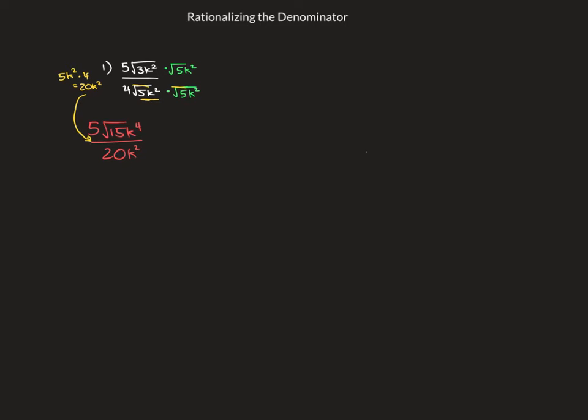Now, let's simplify this as much as we can. 15k to the power of 4, that's under a square root. So what we can do is, this is nothing but 5 square root 15 k times k times k times k. And this is a square root, so we take it in groups of 2.